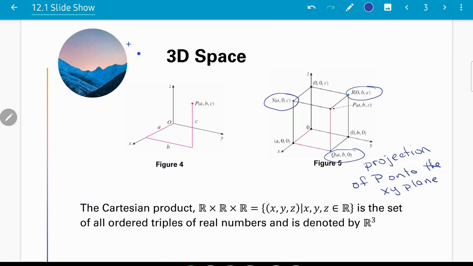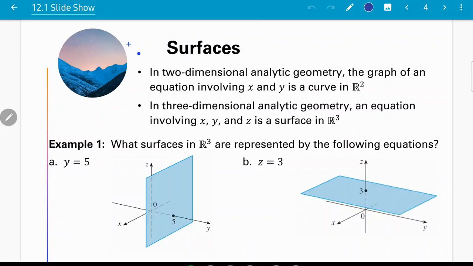We call the Cartesian product R cross R cross R, which is all x, y, z such that x, y, and z are real numbers, the set of all ordered triples of real numbers, and we denote this by R cubed. In two-dimensional analytic geometry, the graph of an equation involving x and y is a curve in R squared, or 2-space.